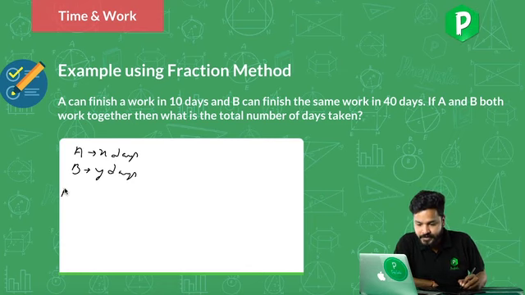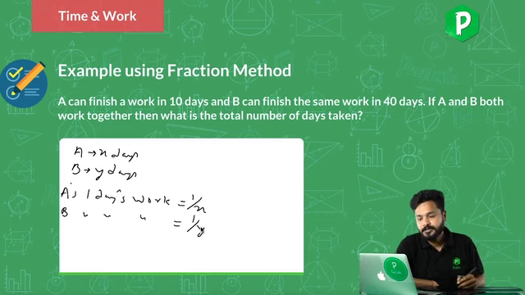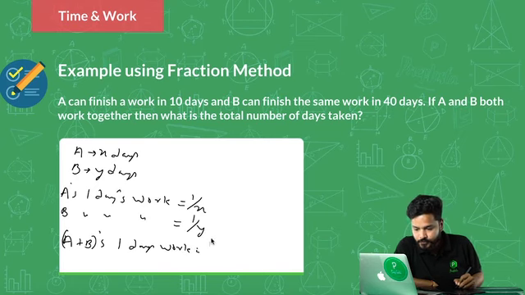I find A's 1 day's work, that is nothing but 1 by X. Similarly, B's 1 day's work will be 1 by Y. Then I find A plus B's 1 day's work, so that becomes 1 upon X plus 1 upon Y. That is nothing but (X plus Y) upon XY.